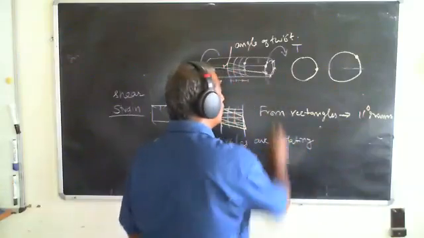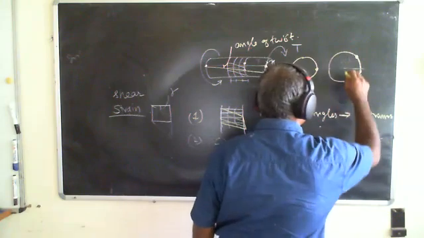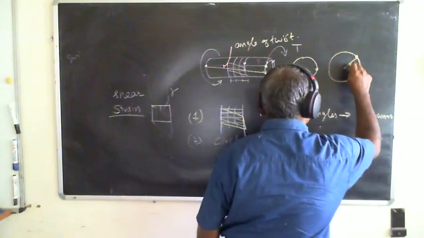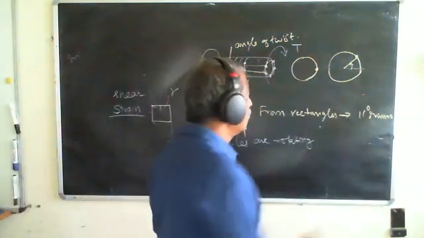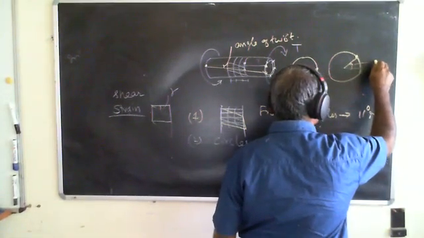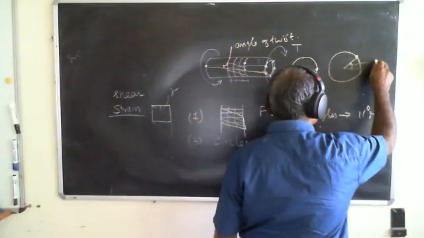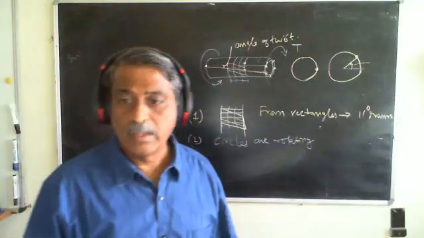Okay, I'm talking about this point. It has gone to this position. So there is an angle that it has rotated by, right? Now let's call this angle as, let's call this angle as, give me some name.